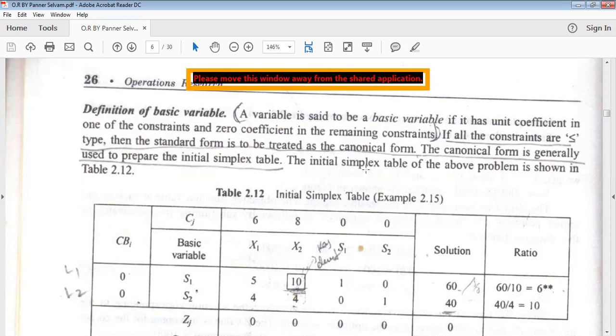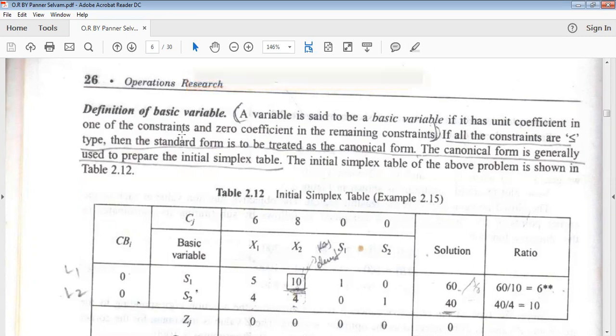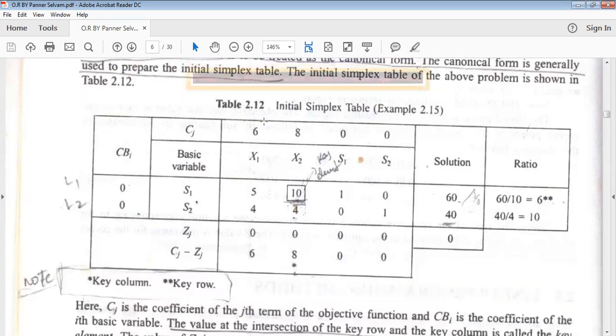The initial simplex table of the above problem is shown below. The canonical form is nothing but the form of the equations obtained by adding surplus or slack variables, whatever it may be, plus s1, plus s2, like that. Now this is the tabular form, the initial simplex table. So the CBs, S1 and S2 values, basic variable, Cj, and this is Zj, Cj minus Zj.